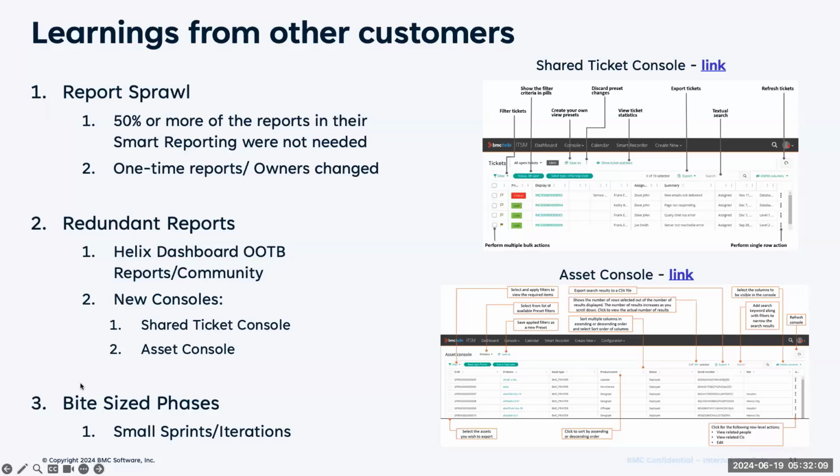Finally, the third one is bite-sized phases. Although it's very tempting to run the conversion utility for all the thousands of reports that you may have, the bottleneck would come when you want to validate all of them. Your end users can only look at so many reports in a given amount of time. So it's better to focus on a small set of reports when you are planning these migration phases.